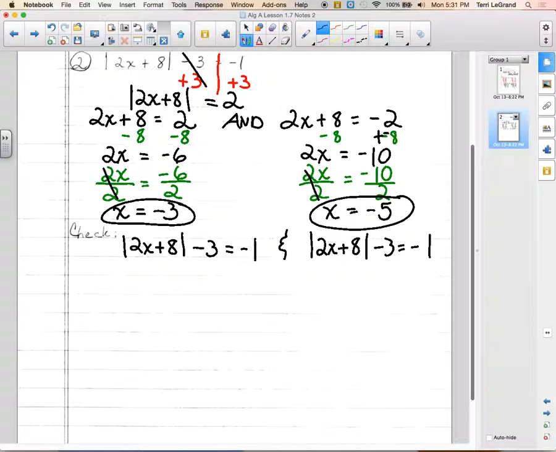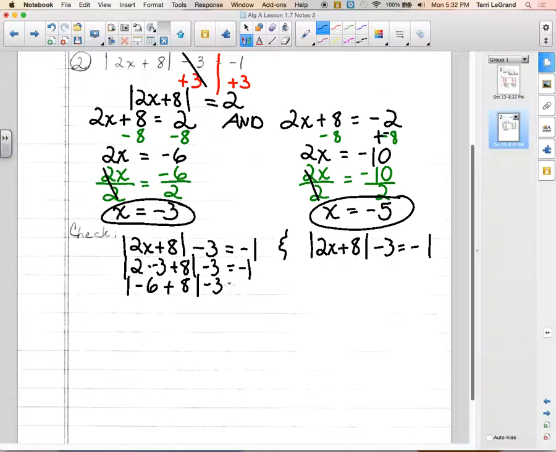Okay, let's substitute first of all our negative 3 in for x. Just like in the last one, we're going to do the multiplication first inside those bars. So we have 2 times negative 3, which is negative 6.